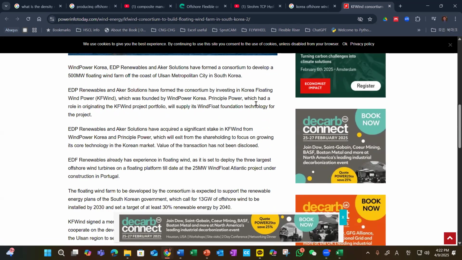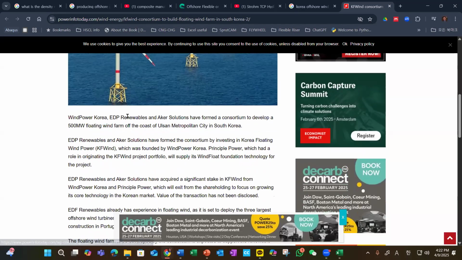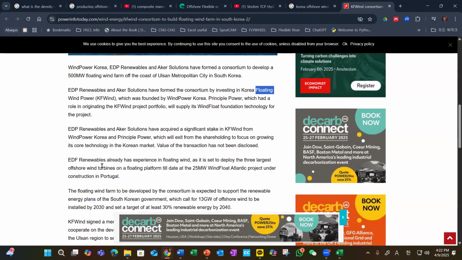It is called Korea Floating Wind Power, KF Wind. For offshore wind turbines, there can be several different methods, and this one is a floating type.